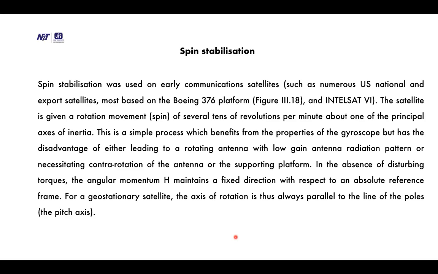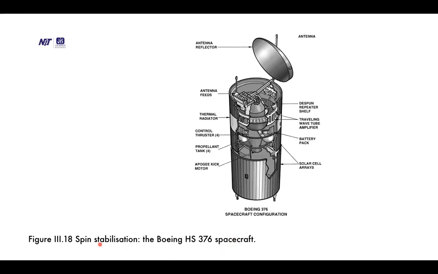In the absence of disturbing torque, the angular momentum h remains in a fixed direction with respect to an absolute reference frame. For a gyroscopic geostationary satellite, the axis of rotation is thus always parallel to the line of poles, that is, the pitch axis. So the spin stabilization is shown over there.